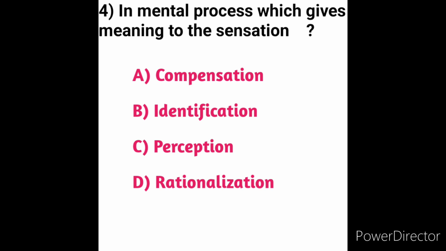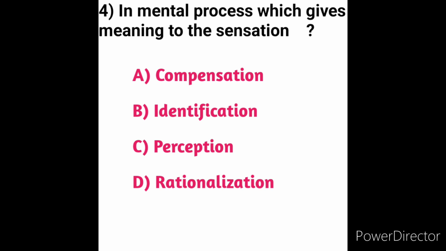Sensation is an input about the physical world obtained by our sensory receptors, and perception is the process by which the brain selects, organizes, and interprets the sensation. The meaning to the sensation on the basis of past experience is called as perception.